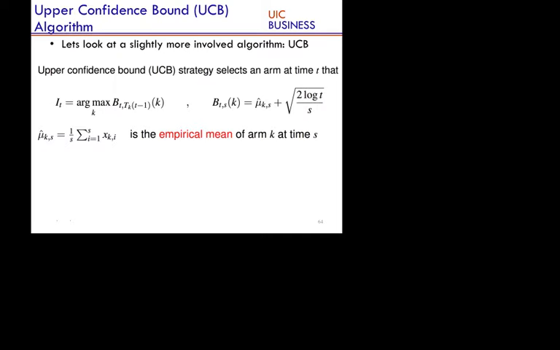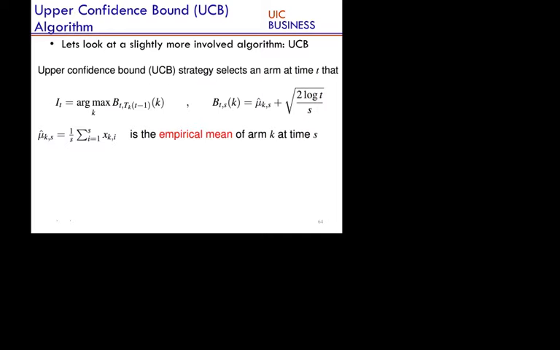That is, for the 3 times I tried this particular arm, what were the numbers that I got as a feedback signal? It's just an empirical mean of the particular arm at time s. Basically it just means that I tried that arm 3 times, so that's why I take a mean with 3 numbers. If I tried that arm only once, then I just take a mean with 1 number, which is just going to be that number, right?